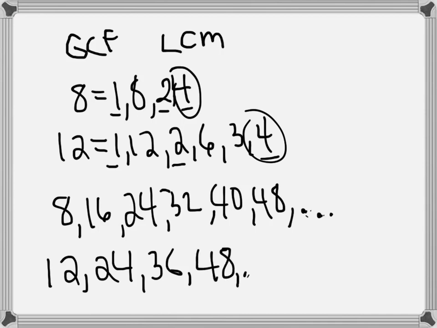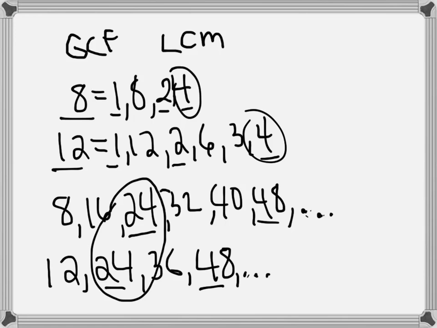These are all multiples, which are numbers in each of their times tables. If we take a look, they both have 24 in common, they both have 48 in common, and of course many more numbers in common. 24 would be the lowest common multiple between 8 and 12.